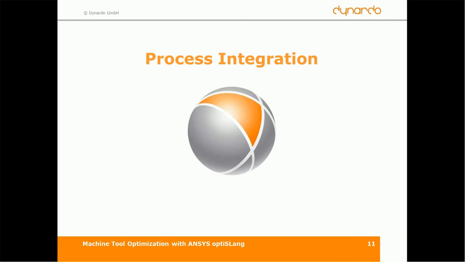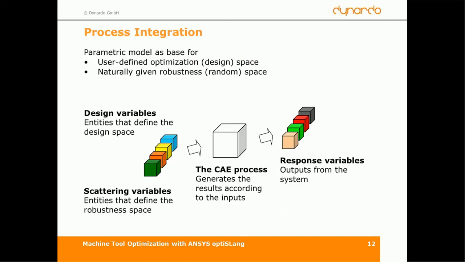Before we can do that, we need to connect a simulation model to our optiSLang software, to our automation process. So we just take optiSLang in order to communicate to the CAE process. We assume that we have so-called design variables, which are the variables we modify in a certain range. Those are the optimization parameters.